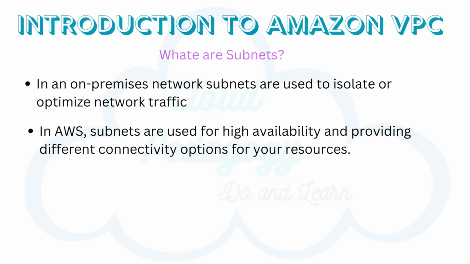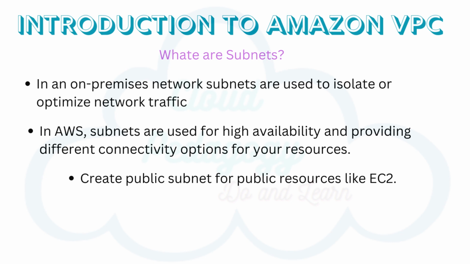In AWS, subnets are used for high availability and providing different connectivity options for your resources. You put your resources such as EC2 instances inside of these subnets. The goal of these subnets is to provide more granular controls over access to your resources.